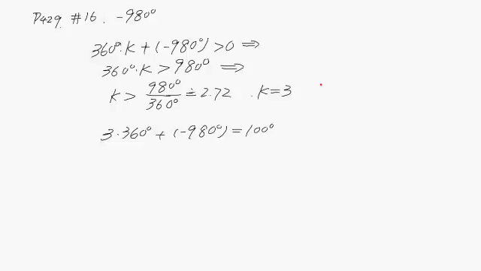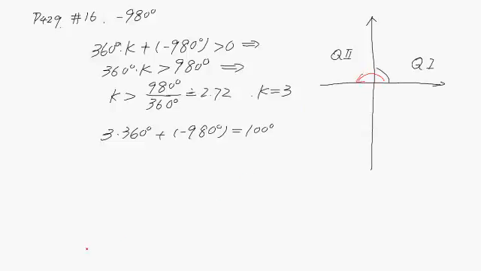Actually, if we draw the rectangular coordinate system, we know if your degree is between 0 and 90 degrees, this is quadrant 1, right? If your degree is greater than 90 degrees but less than 180 degrees, then this is quadrant 2.